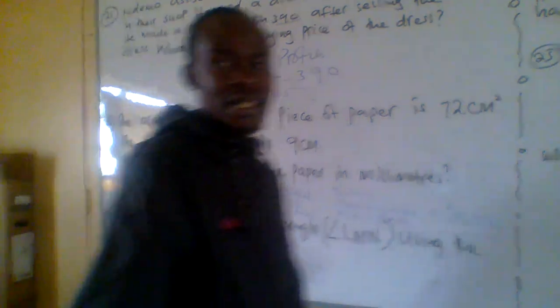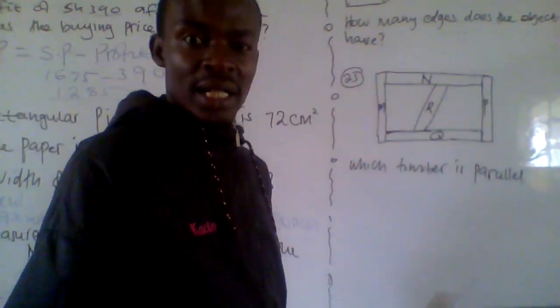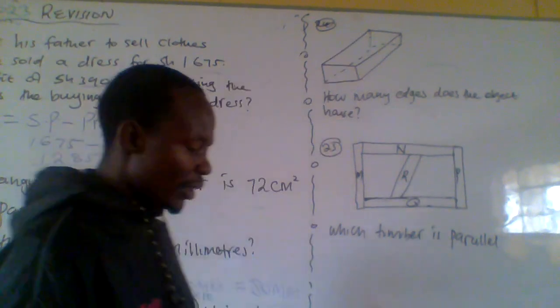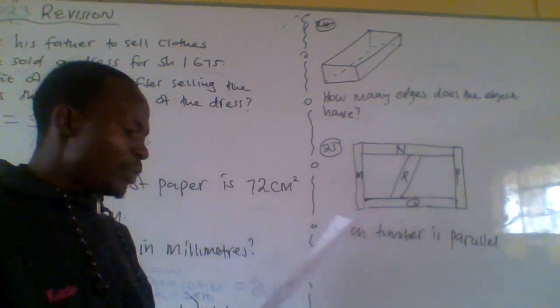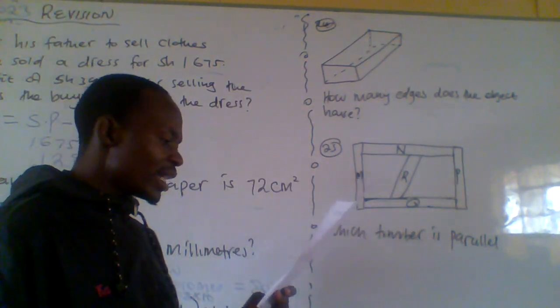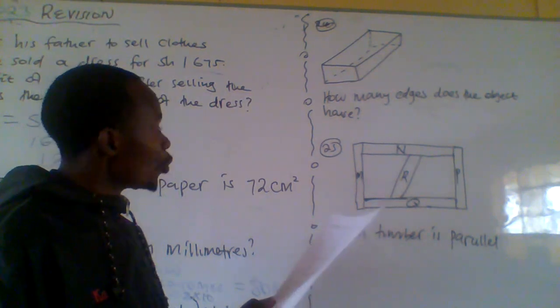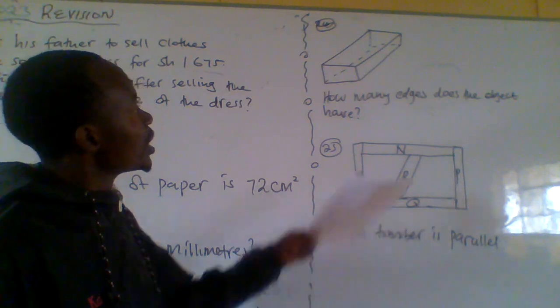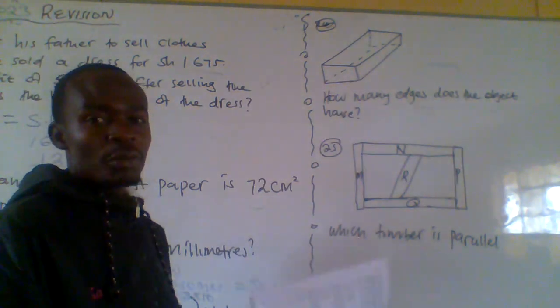Next is question 24, which says, while picking litter in the school compound, Munya picked the following 3D object. And this is the 3D object.